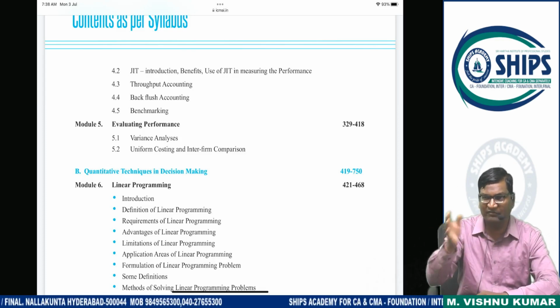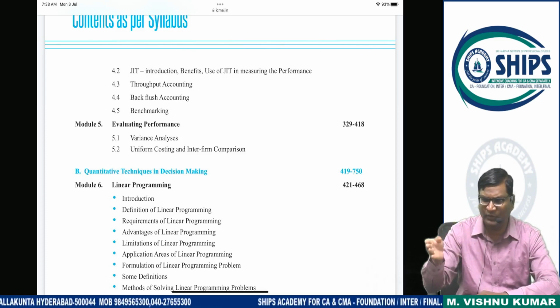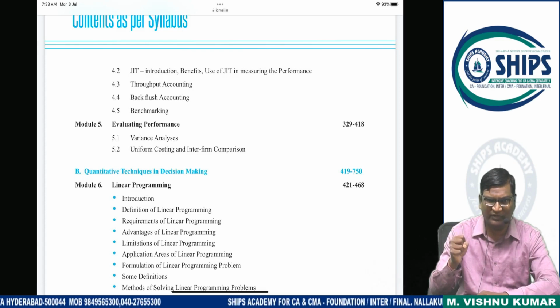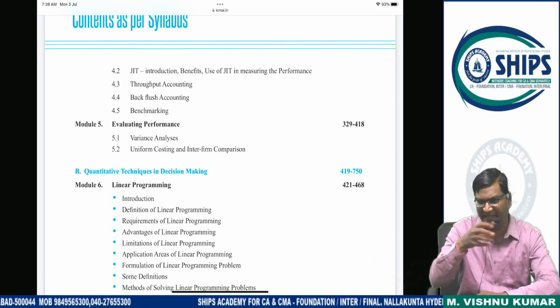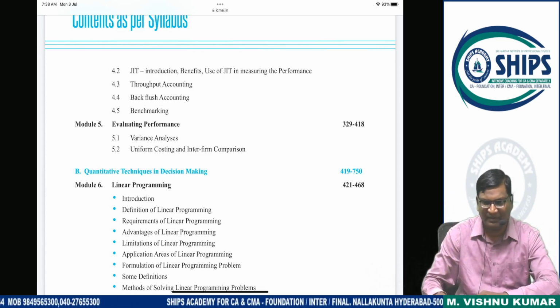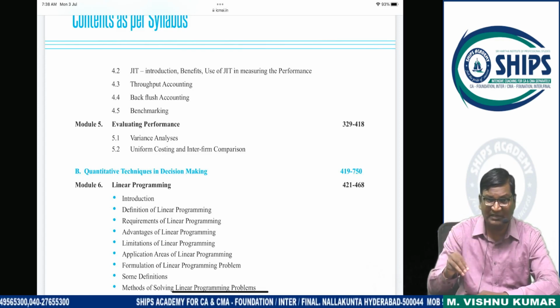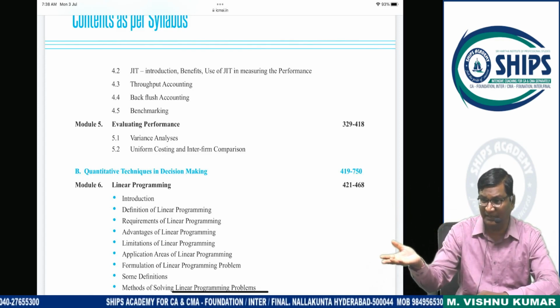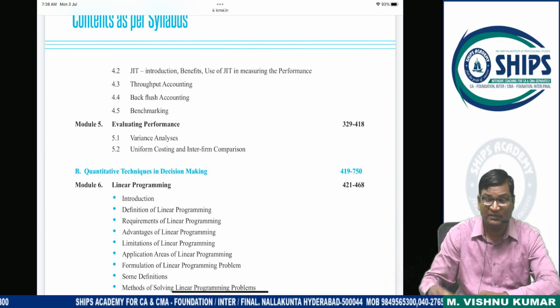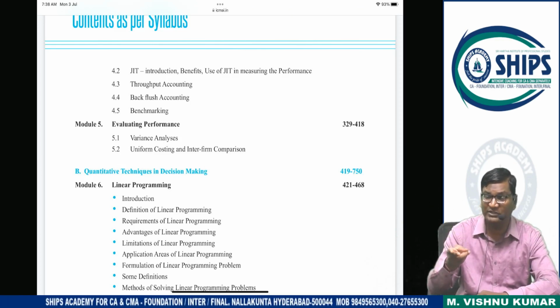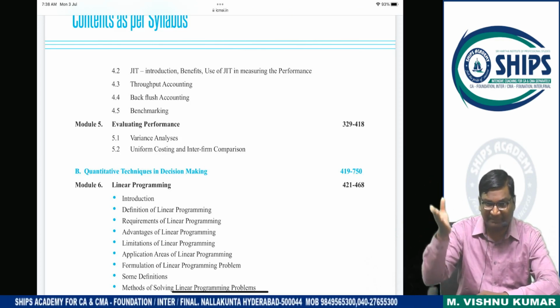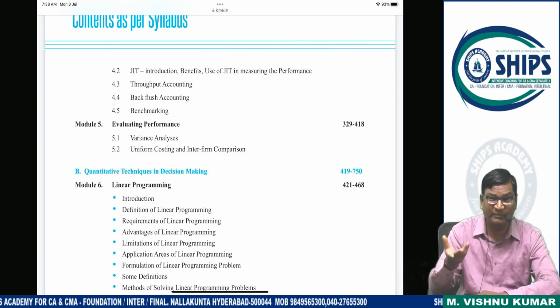Suppose department 1 is producing 1000 units, department 2 has the capacity to manufacture 1200, so it can easily take and manufacture 1000. But if they manufacture 1000 and it is given to department 3, department 3 capacity is how much? 800 only. So 200 units will pile up.